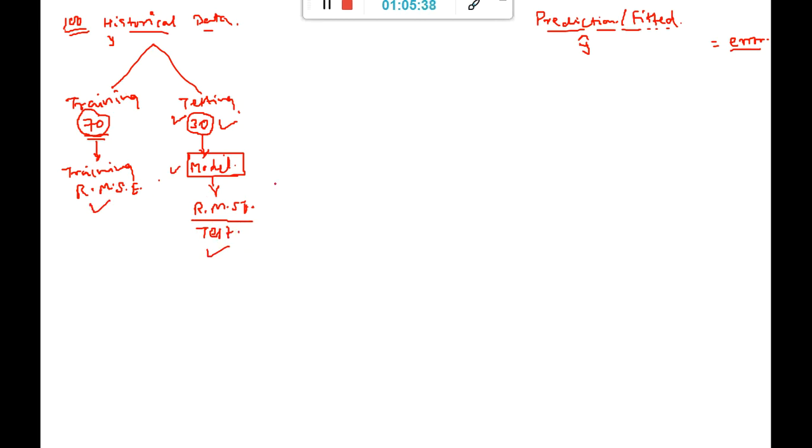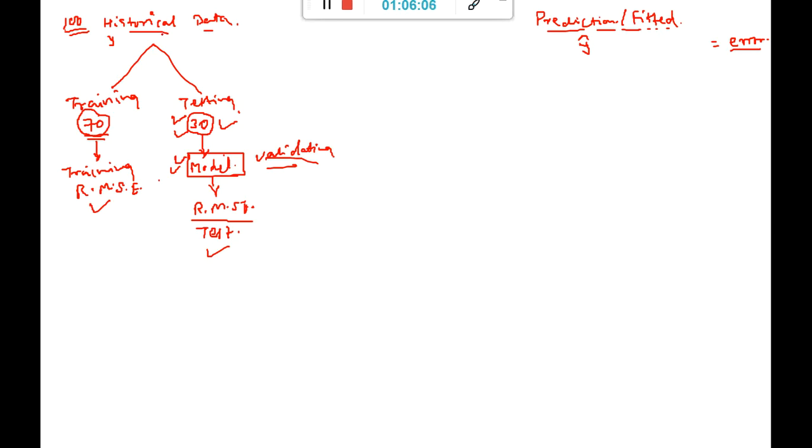Now this entire process is called cross validation, which means that I am validating my model over here. I am validating my model on my test set, which is not seen by this model. Earlier, up till now, we were writing a model and giving the same data to it, or simply predicting by using the model.